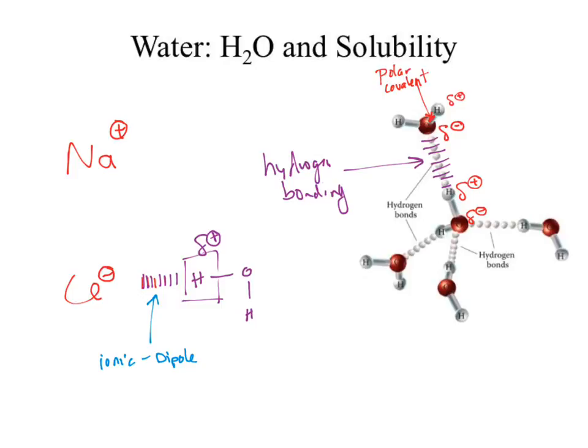What else is happening in this solution? What atom should I put in this box? What charge is the oxygen? Or sorry, the chlorine? Negative. What atom should go in that box?